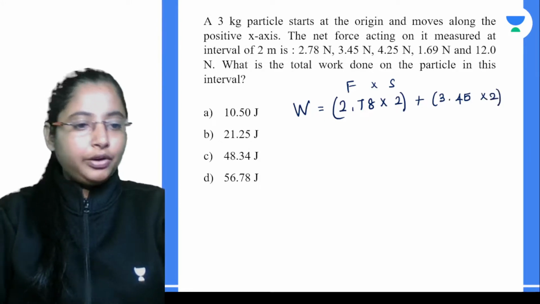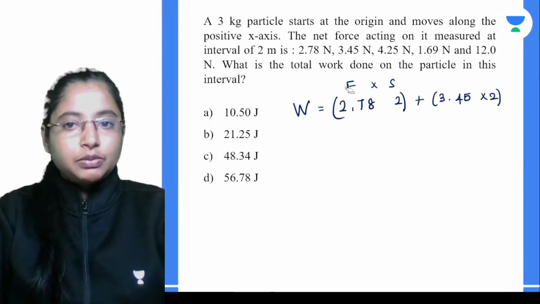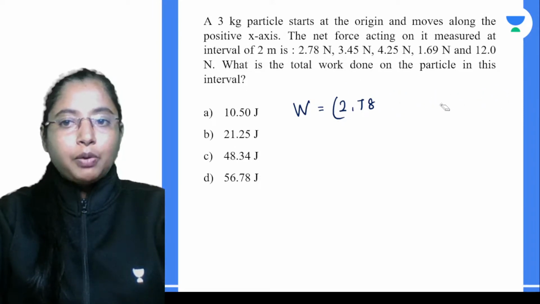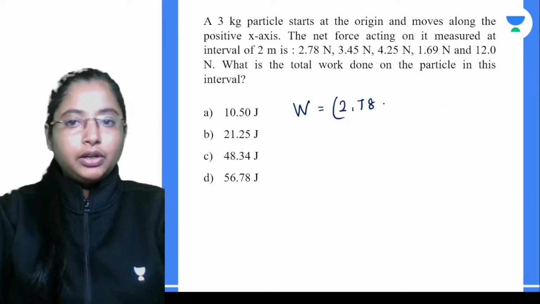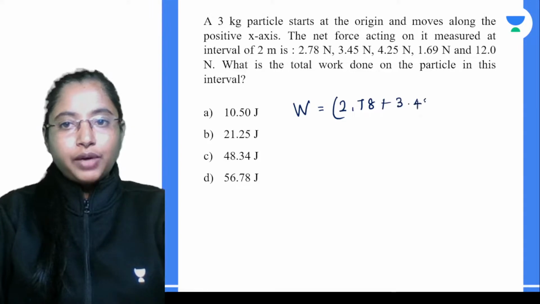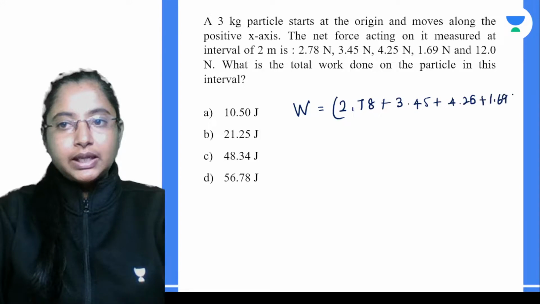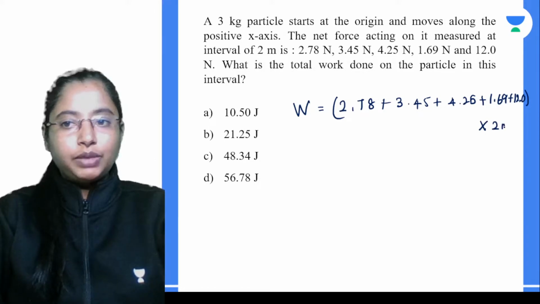So we can carry on doing this, or in much easier terms, we can add up all the forces: 2.75 plus 3.45 plus 4.25 plus 1.69 plus 12.0. Add all of this and multiply it with the displacement, which is 2 meters.